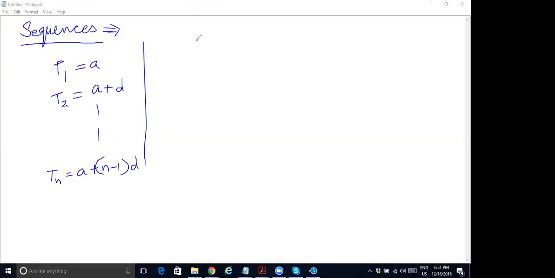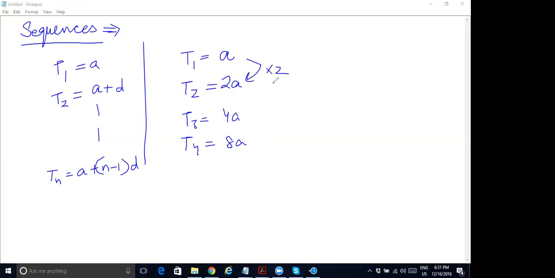There can also be a sequence where the first term is A, the second term is multiplied by 2, the third by 4, the fourth by 8. I am multiplying everything by 2, so here I have a common ratio. T2 over T1 is equal to T3 over T2. So this is a sequence.